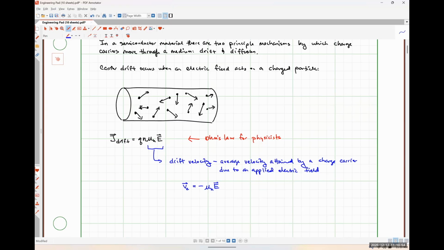So if the E field is oriented from left to right, the electrons are going to move from right to left. And then we're going to have some hole velocity V sub H that will just be mu sub p times E. So holes move in the same direction of the electric field.